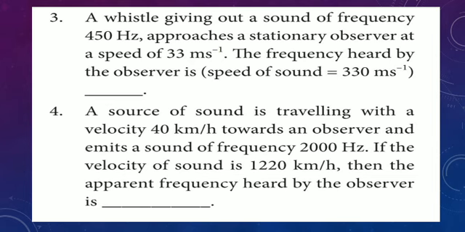Okay, next. A source of sound is traveling with a velocity of 40 kilometers per hour towards an observer and emits a sound of frequency 2000 hertz. If the velocity of sound is 1220 kilometers per hour, then the apparent frequency heard by the observer is?